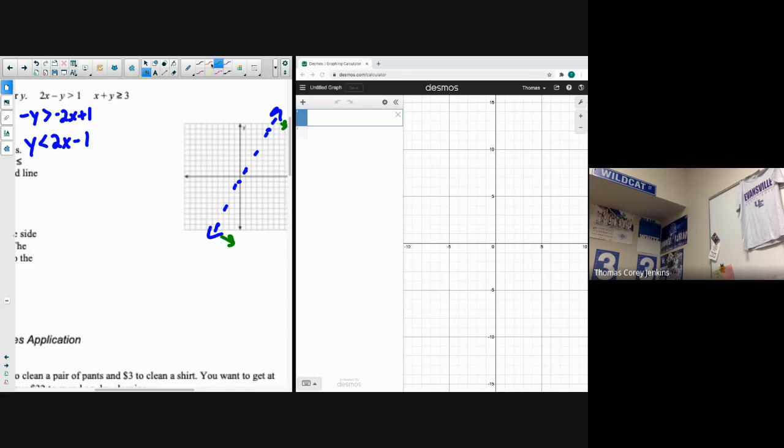Okay, and then on our other one, all we have to do is move x over to get y is greater than or equal to negative 1x plus 3, starting at (0, 3), and then our slope is negative 1, down 1, right 1.